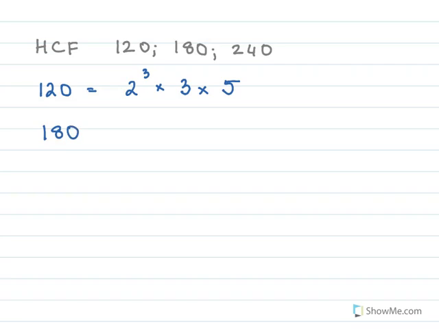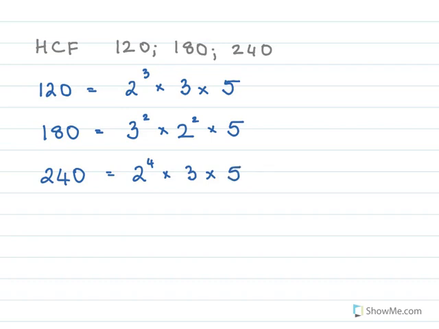Then 180 is 3 raised to 2 into 2 raised to 2 into 5, and 240 is 2 raised to 4, 3 into 5. To find the HCF, we write common factor and lowest power.